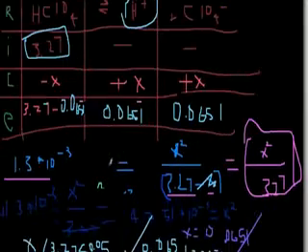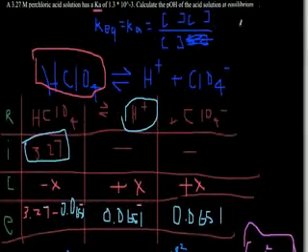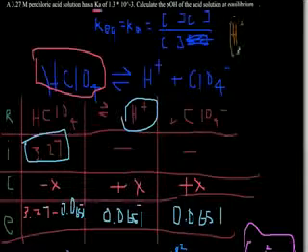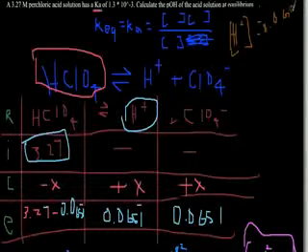So now you have your hydronium concentration of 0.0651. So you can write this, I will use brown, H plus concentration equals 0.0651. Now, are we done? No, we're not done. It asks us to find the pOH of the acid solution at equilibrium.